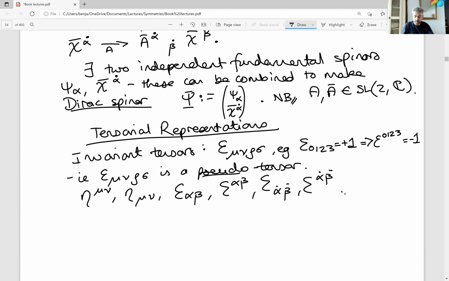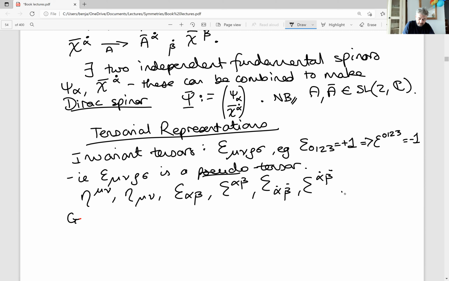So we have these 2 different classes of indices, if you like. One of them is vector indices, mu, nu, rho, sigma, that go from 0 to 3. And the other ones are these spinorial indices, either left or right-handed. And so we get different kinds of tensors.